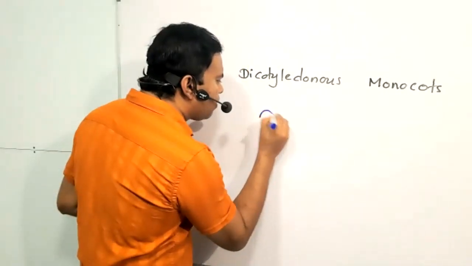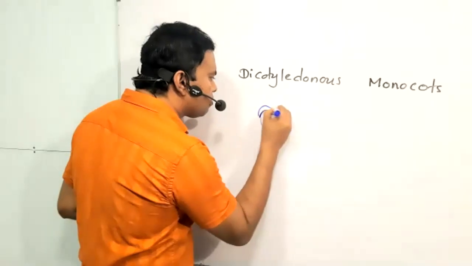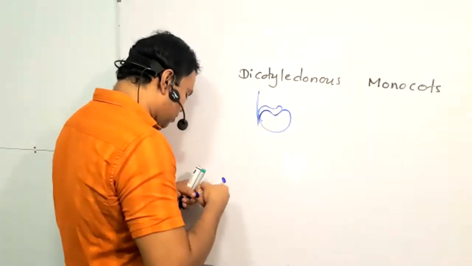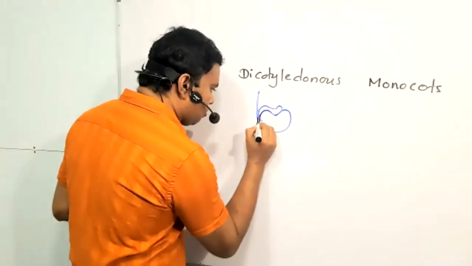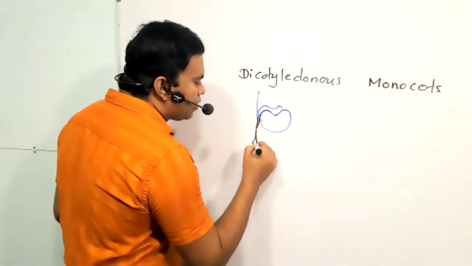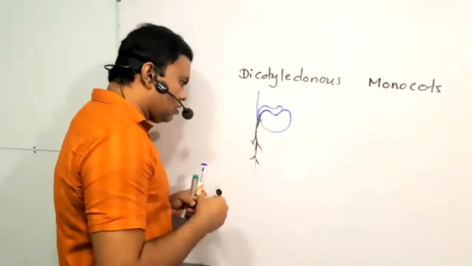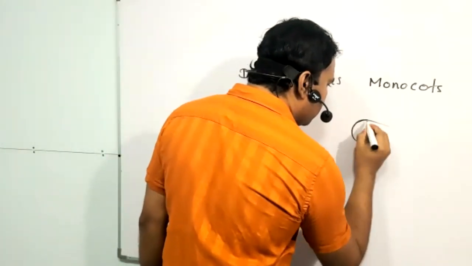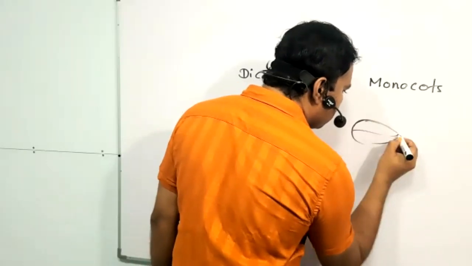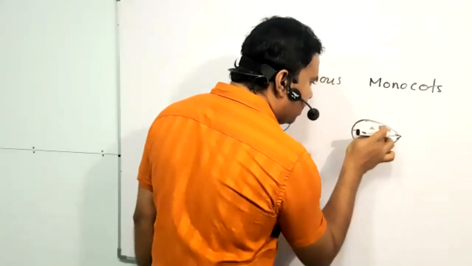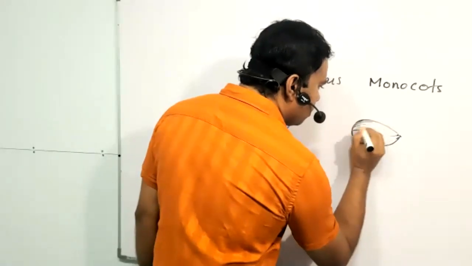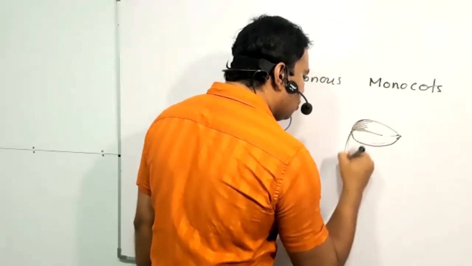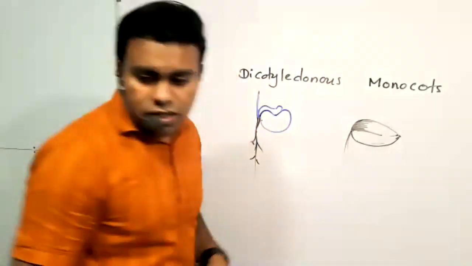Dicotyledonous plants always have two cotyledons, seeds with two cotyledons, and they have a taproot system. Sometimes seeds like this, like paddy seed, show a fibrous root system.